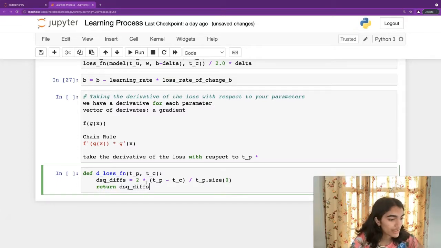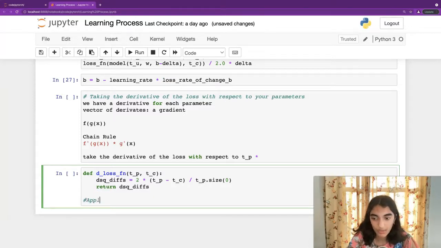Also, let's apply that. So we're applying the derivatives to the model.